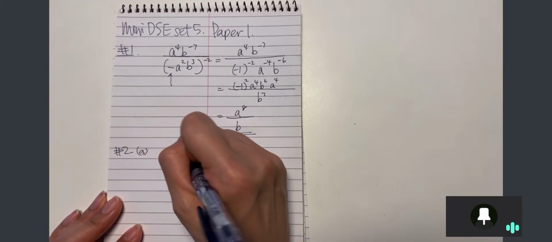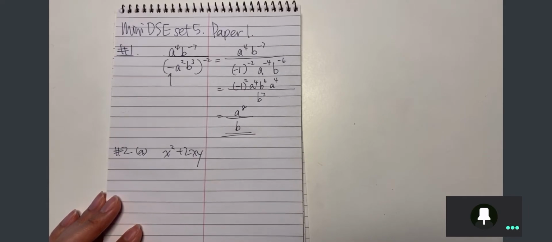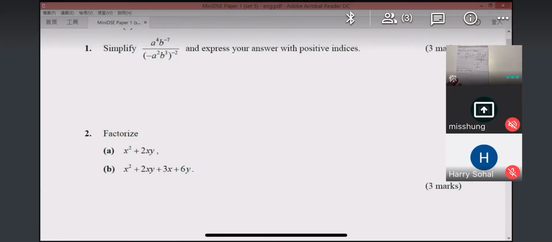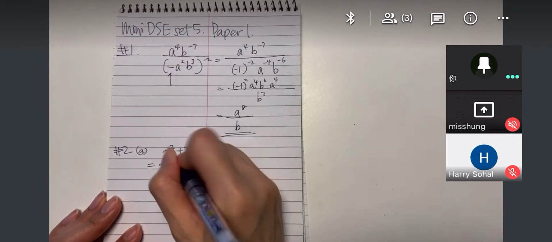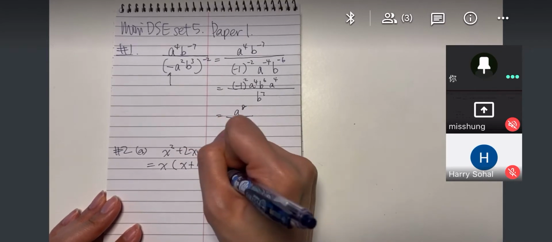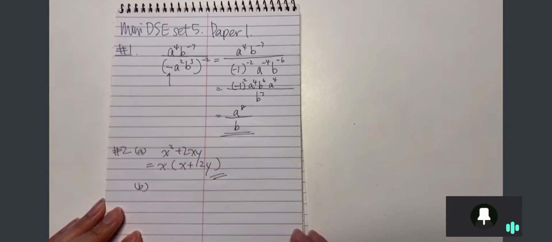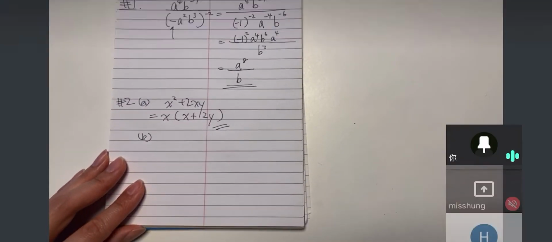Number 2, A, factorize x squared plus 2xy. Factorize. So take out the x, then x plus 2y. That's the answer. And then for part B, take a look at the question.